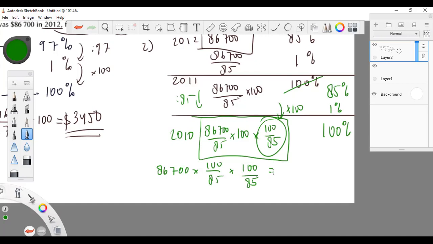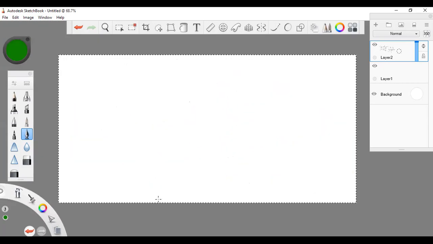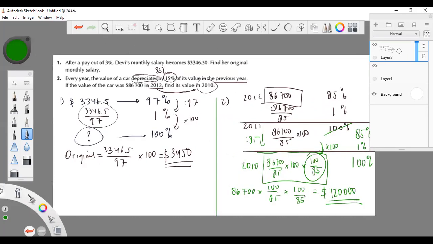So you use a calculator, you will get the original value is $120,000. Okay, that's it for question number 2. Print screen. So number 2 is harder than the previous.